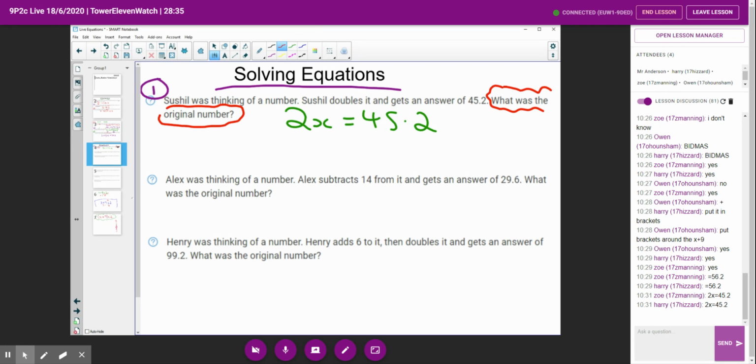So guys, 2 times something is 45.2. So the bit in red to now solve the equation, what could we do to work out what x is going to be worth? If 2 times x is 45.2, what could we do to work out what x is? Write it in the chat, guys. What do you think we could do?